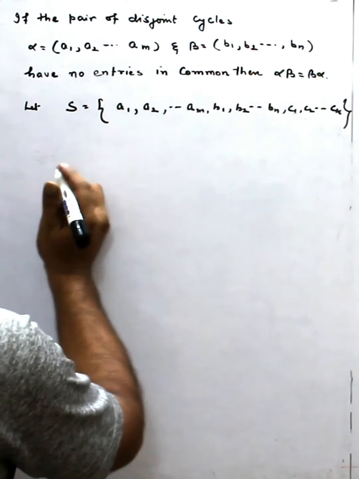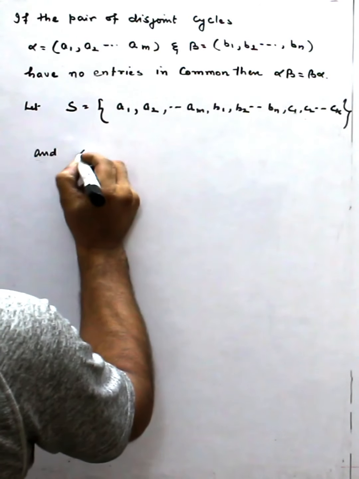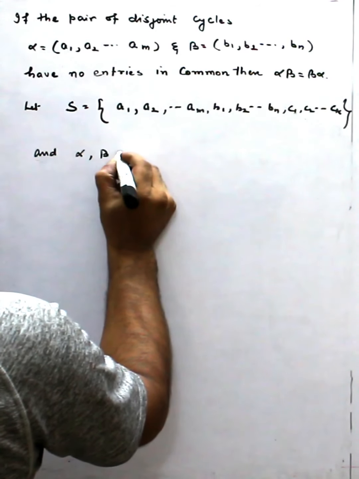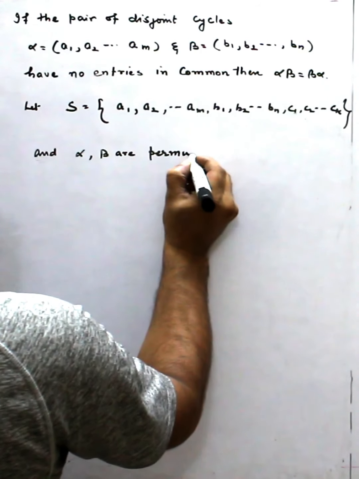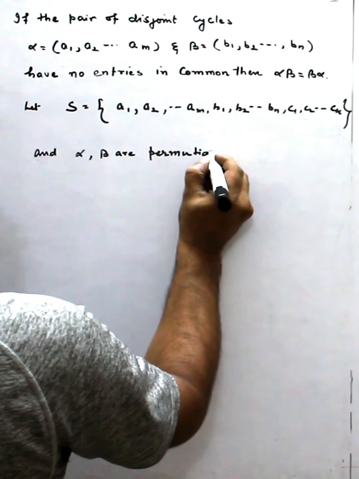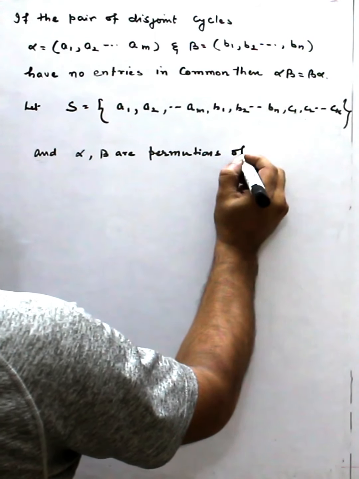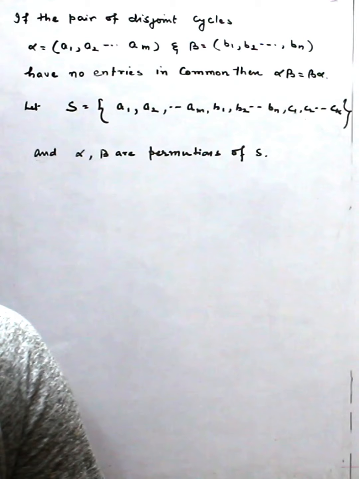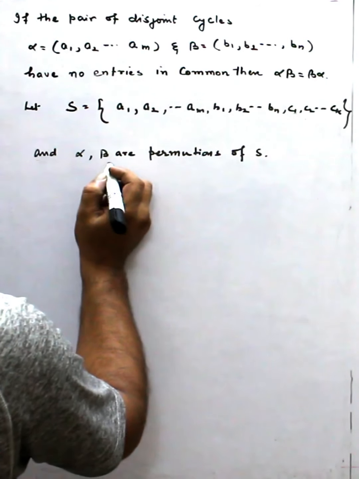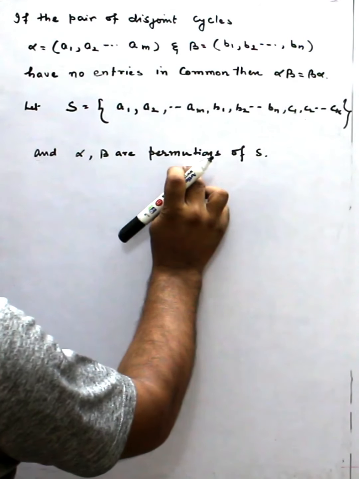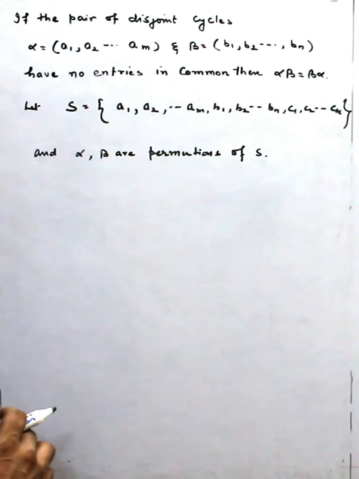S is this set, and alpha and beta are permutations or cycles of S. In cycle form, this is actually a permutation, but a permutation is a cycle if it is in a continuation.